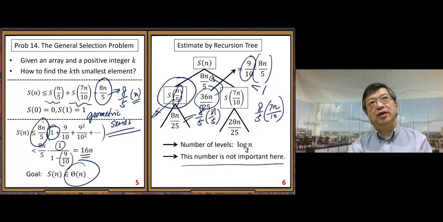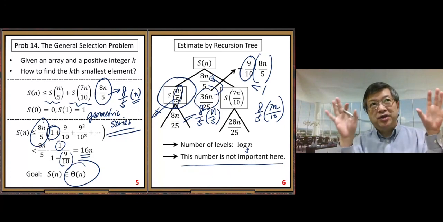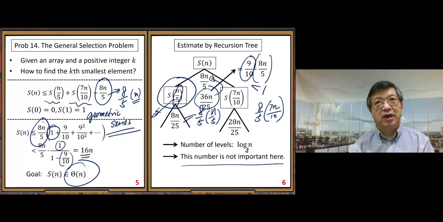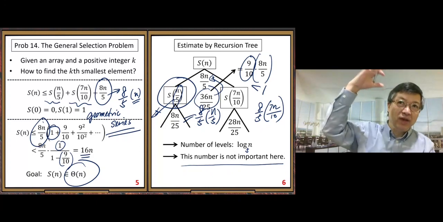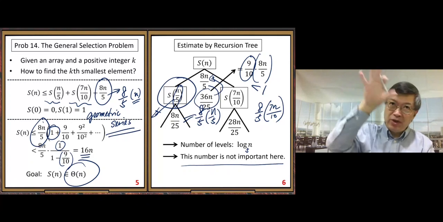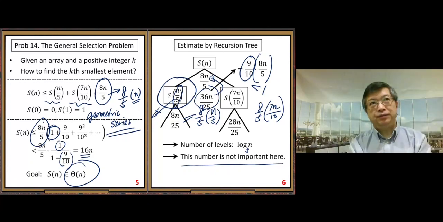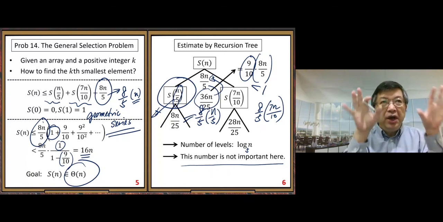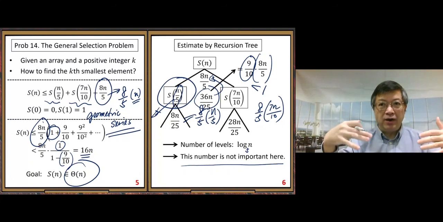We dropped that log n. This solution is pretty complicated, probably among the top in complexity for this class. Hope you can understand. Try your best to understand the whole procedure, including the recursion tree part.